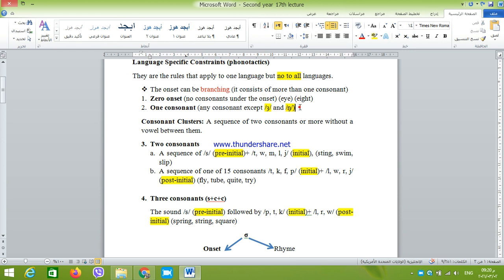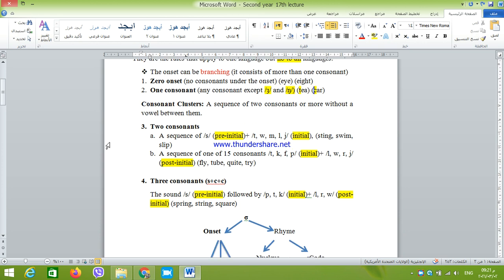For example, if we take the word 'tea', the t sound, which is one consonant, it represents the onset of the syllable. Okay? 'Key', the k sound, it is the onset of the syllable. Okay? So it's possible to have one consonant.